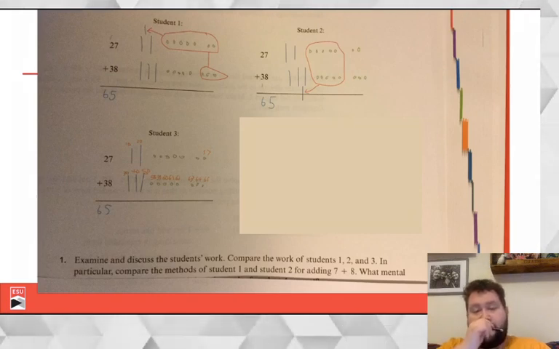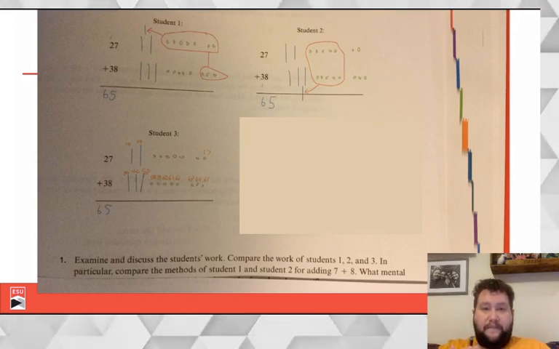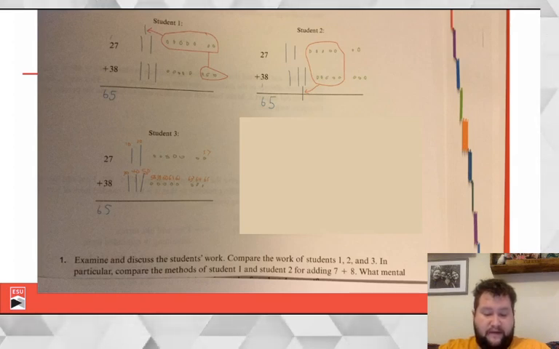But instead what it wants us to really look at is the work the students are using when they found this. So in every case, notice that they wrote the numbers 27 and 38 with base 10 pieces, with longs and units. So up here we have 27, 2 longs and 7 ones, and 38, 3 longs and 8 ones.